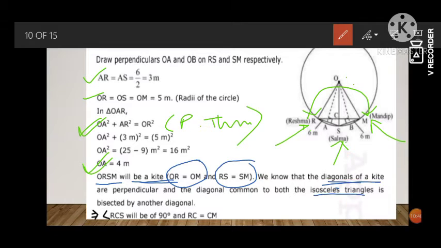And the diagonal of this kite is perpendicular. So we get to know that the angle at C, that means this point, is 90 degrees, and RC is equal to CM. So this line is very important for our sum.